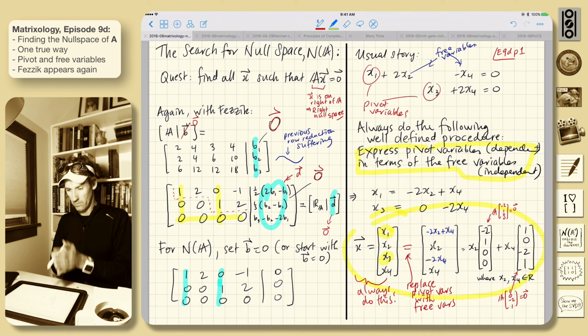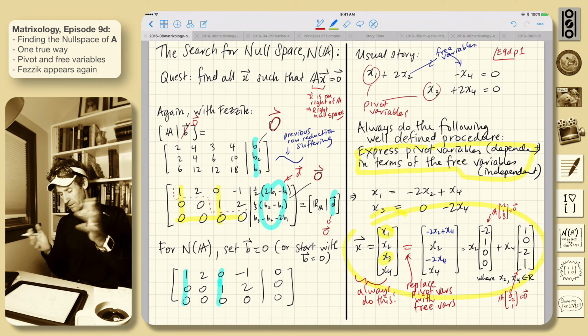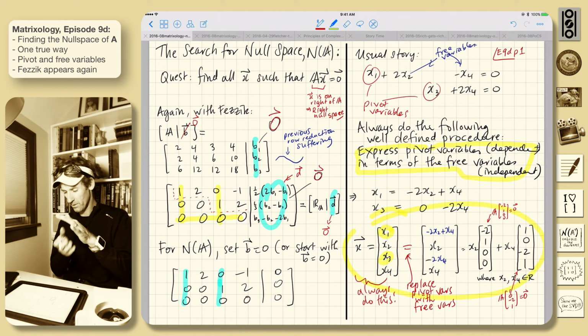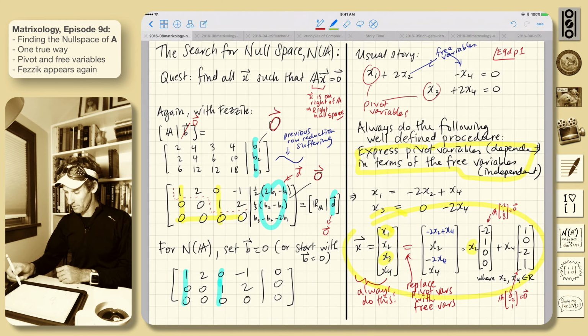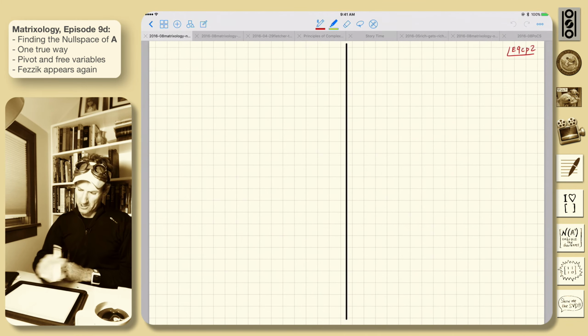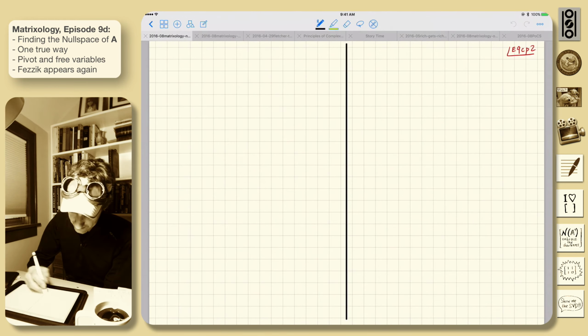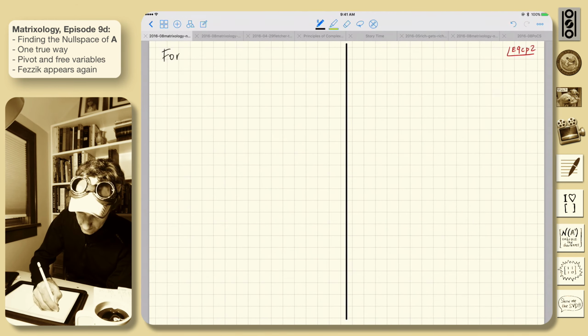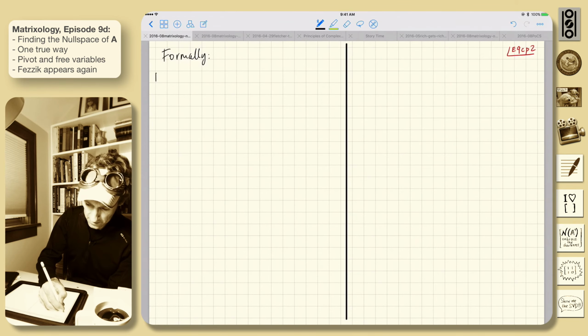X equals all the entries in the vector. You know, we're not going to have X73, so this is okay. Replace the pivots with the free variables, then explode it so that you've got the free variables multiplying fixed vectors. Cool? Cool. Okay, so we've got to do the formal piece. So formally, we want to write down what the null space of A is.